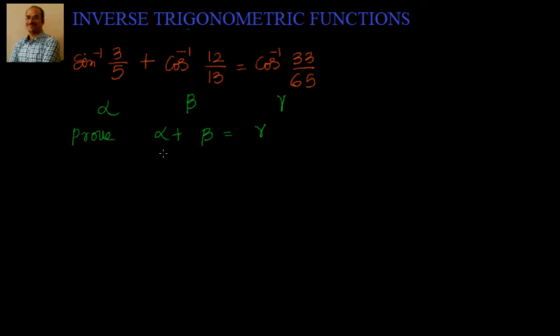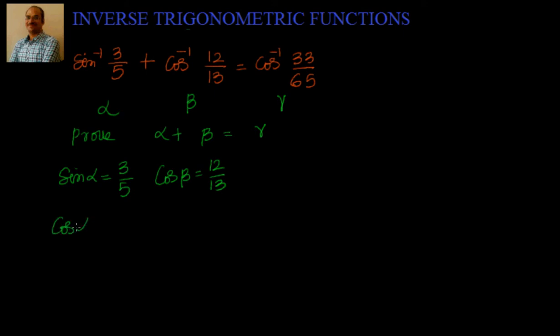We have to prove alpha plus beta equal to this. If sine inverse 3 by 5 equal to alpha, we know that sine alpha equal to 3 by 5. And we know that cos beta equal to 12 by 13. We'll just keep it as it is.